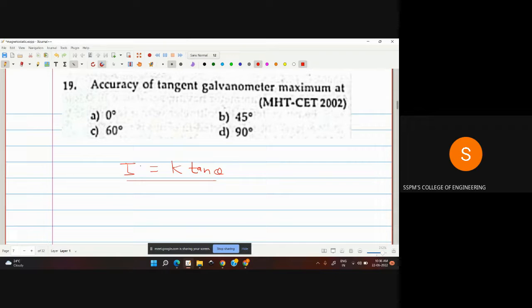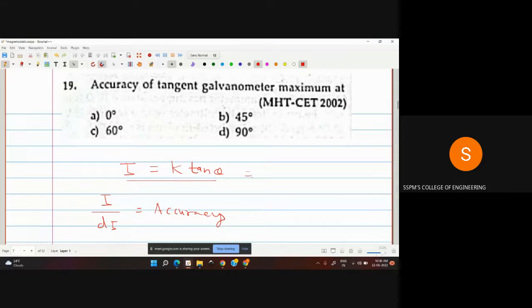Now how do we measure accuracy? The accuracy is equal to I divided by change in current. That is the equation for accuracy: I divided by change of current. Now what do we have to do? We have to find out dI. You know that the current flowing through the coil depends on theta.